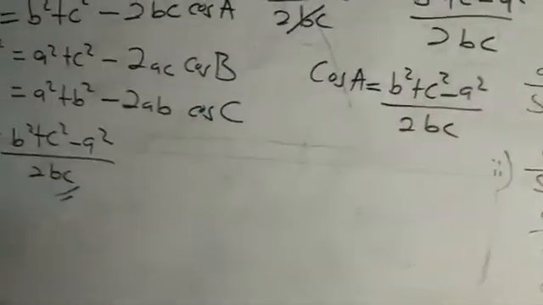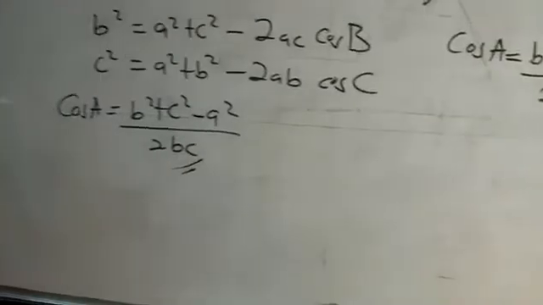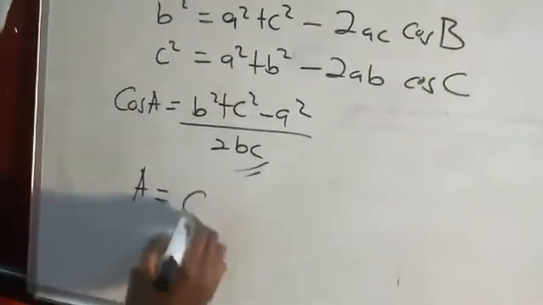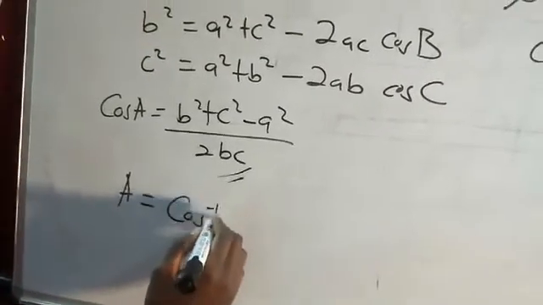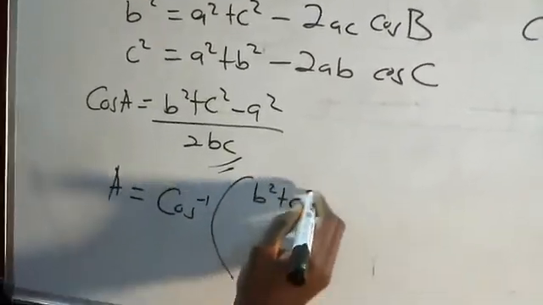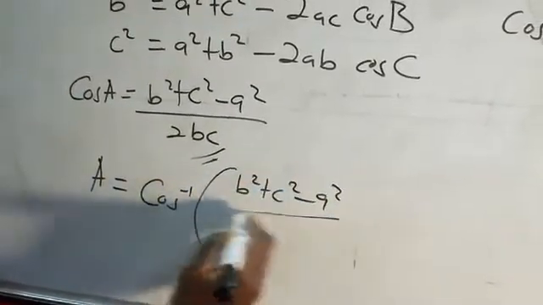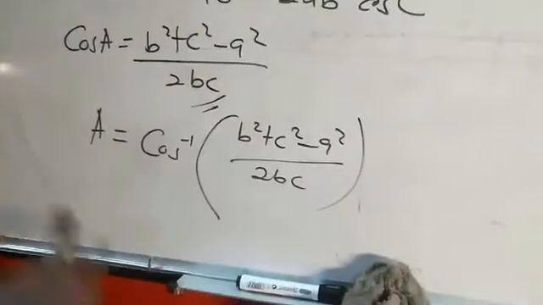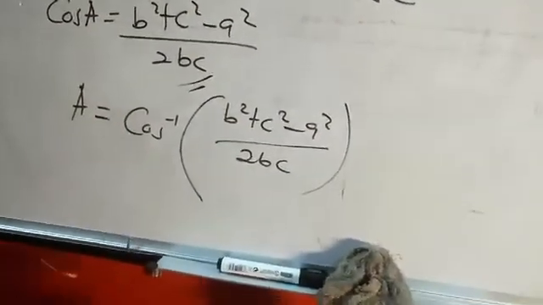The same here. Getting A alone to be cos inverse, in brackets, b squared plus c squared minus a squared over 2bc, in getting A alone.